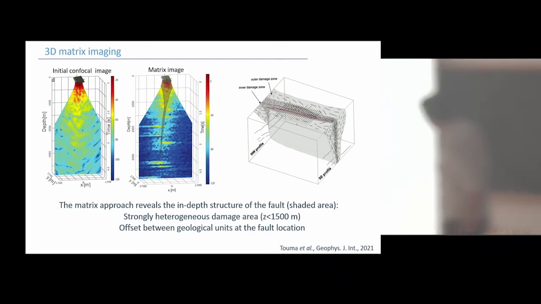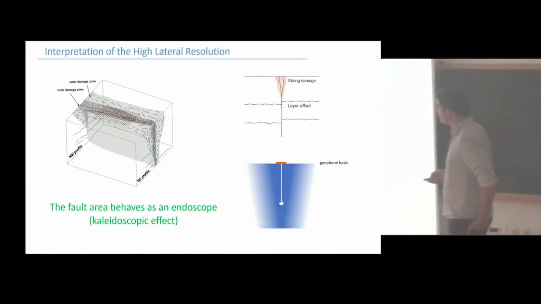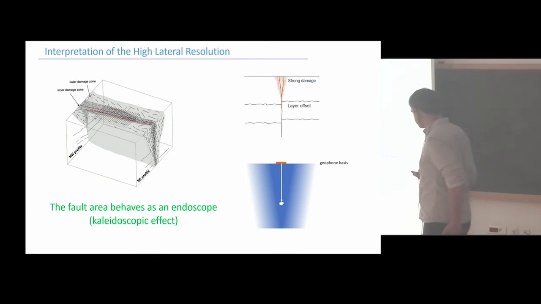And then you see the position of the fault just by looking at the interface between geological layers that are different. The network of geophone layers is different on each side of the fault. So this is something that you can reveal with the matrix imaging process. So you can detect a lot of information. I will show you after, but I just want to try to interpret this lateral resolution.